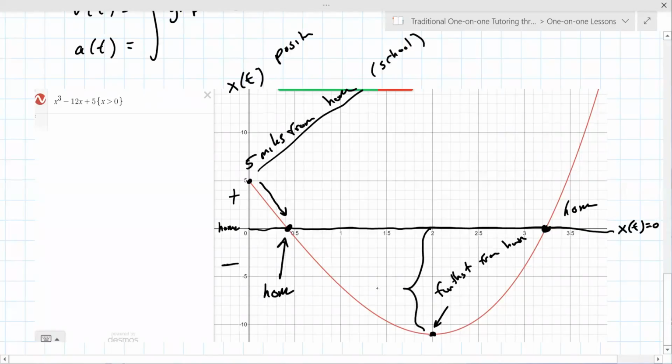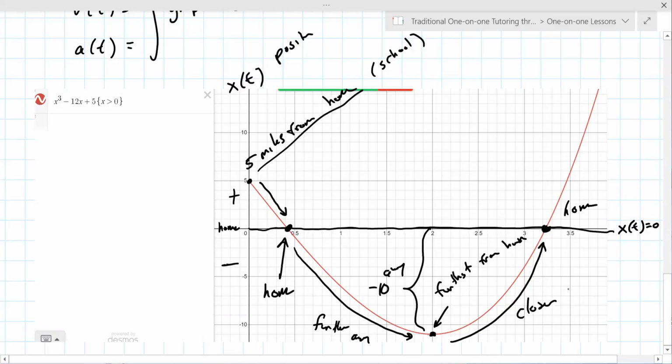You're minus 10 away from home. So during this period, you're getting further away. But then when you go back this way, you're getting closer to home.